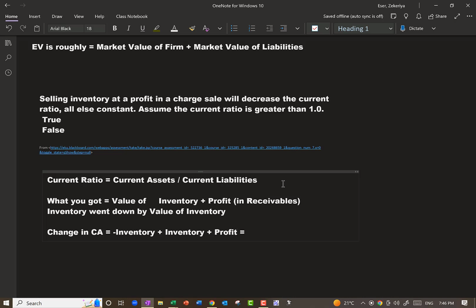So your current assets increase by the amount of the profits. If the numerator has increased and nothing happened to the denominator, obviously the ratio has to go up. Hence, the current ratio has increased, not decreased.